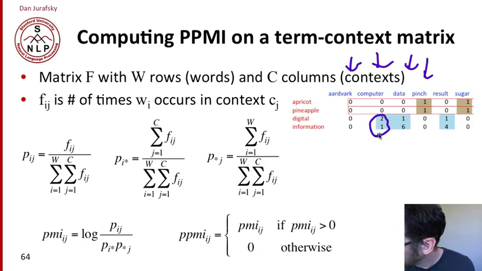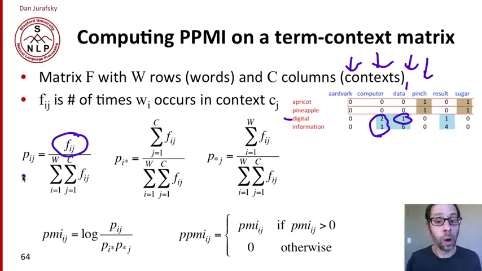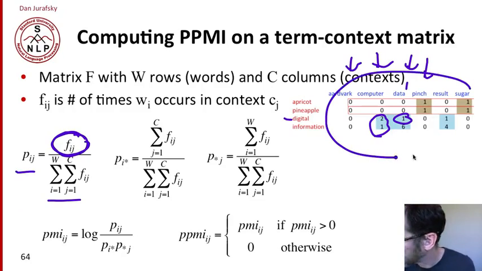Each of these counts is f sub ij, the frequency of row i, column j. So we're going to turn those into probabilities first. So we'll say that the probability of a word i and context j occurring together, the joint probability, is the frequency with which they appear normalized by the sum of the frequency of all words in all contexts. So we sum over the entire matrix.